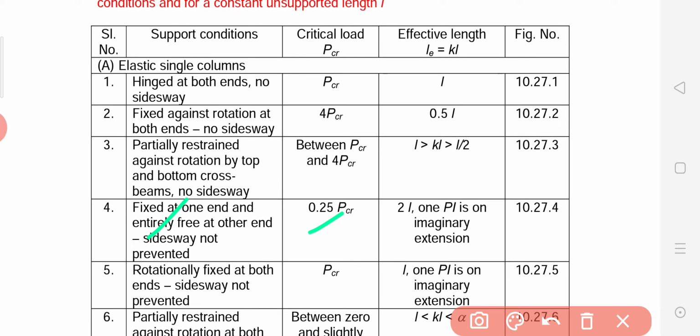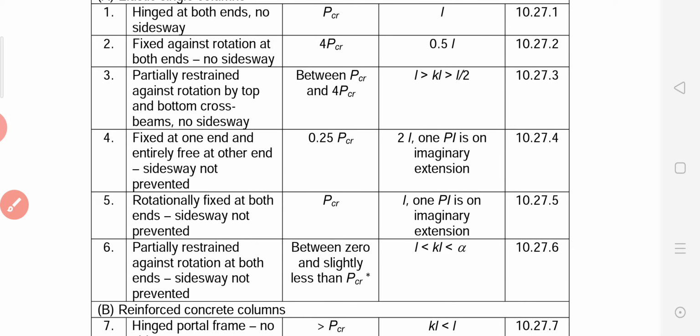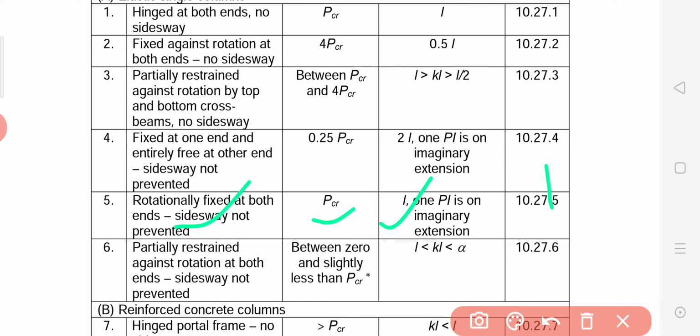When rotationally fixed at both ends, sideway not prevented, then we take the critical load as PCR and effective length L. One PI is on the imaginary extension.